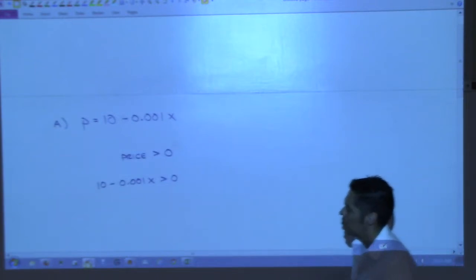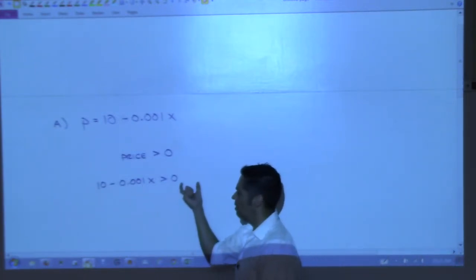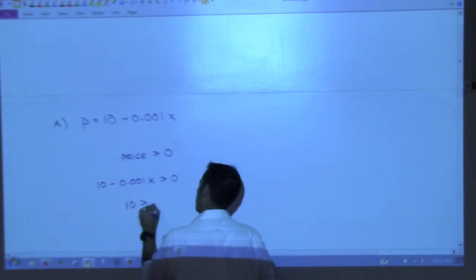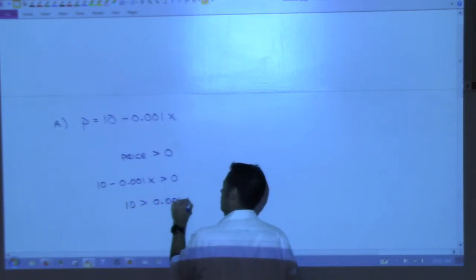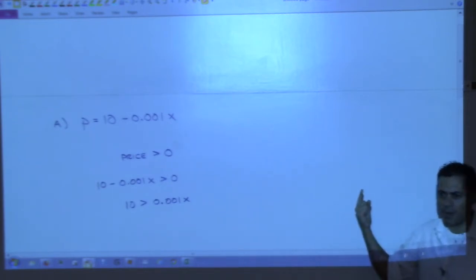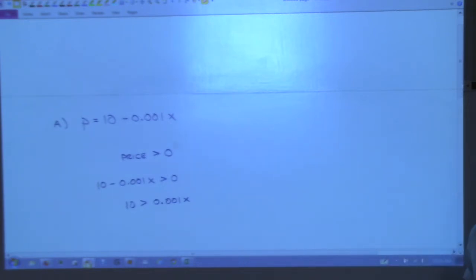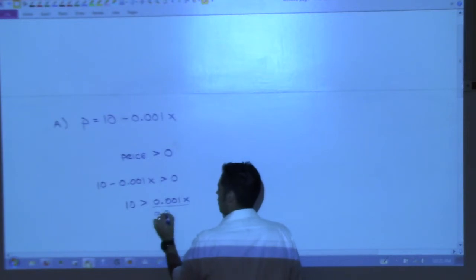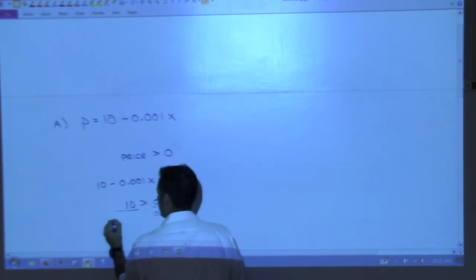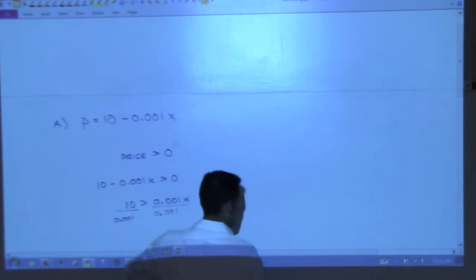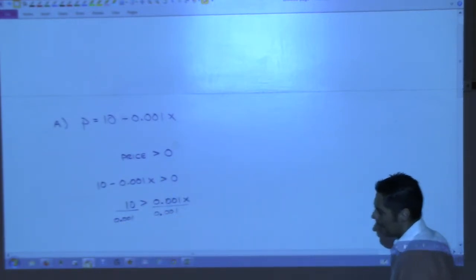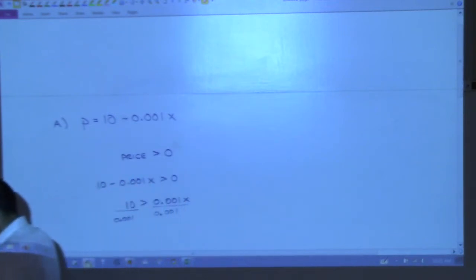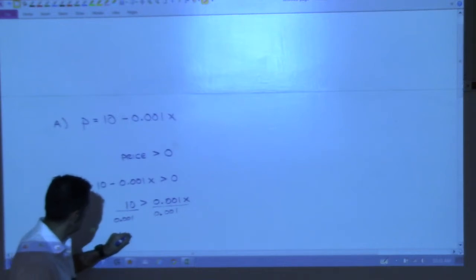And then I can start moving things around. Why don't I move this to the other side of the inequality? And when I move it to the right side, it becomes positive. And now, how should I get rid of that 0.001 in front of the x? Divide both sides. If I divide this side by 0.001 and divide this side by 0.001, what do I get? 10,000.